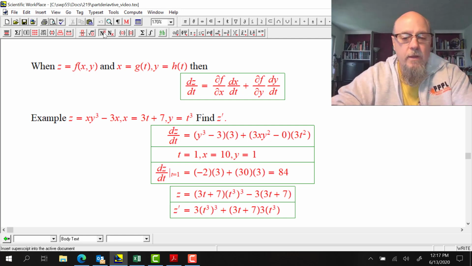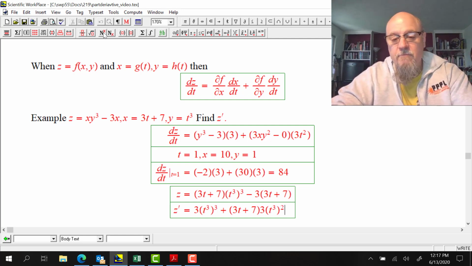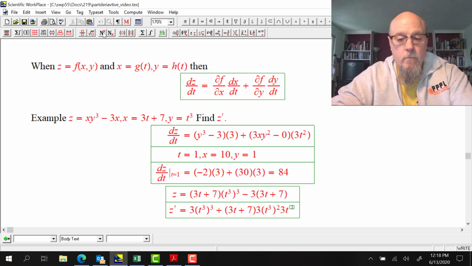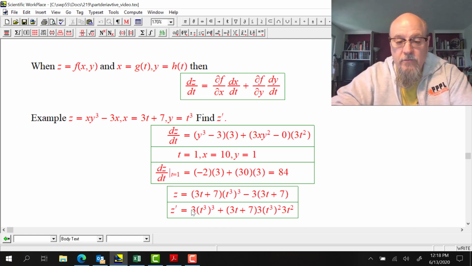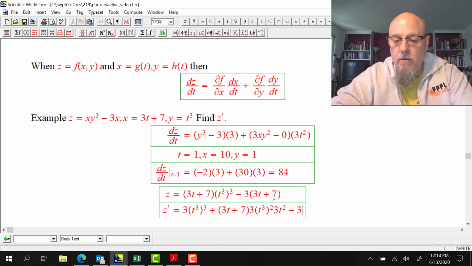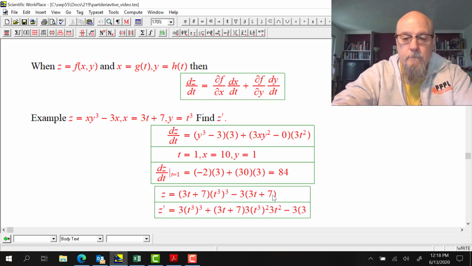Subtract 1 from the exponent. Finally, chain rule times the derivative of what's inside, so there's my 3t squared. So all of this is just the derivative of this first piece. Okay, so now minus 3 times the derivative of, oh, well, that's just 3.